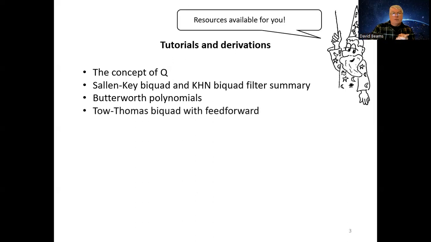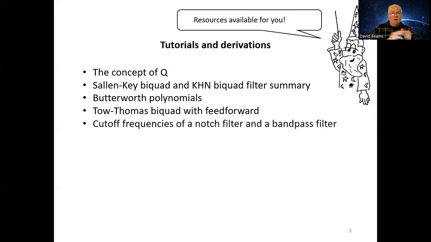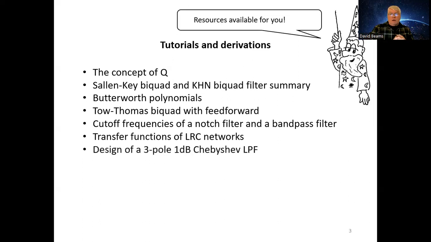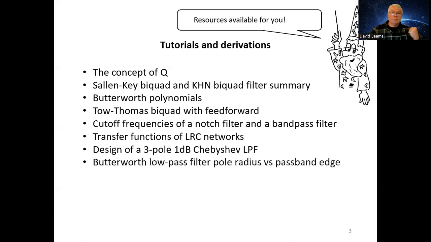I have a tutorial on the Tau-Thomas second order filter. I have a derivation of the cutoff frequencies of a notch filter and a bandpass filter. There is a derivation of transfer functions of various configurations of LRC networks. I have a design example of a 3-pole, 1 decibel passband ripple Chebyshev low-pass filter.